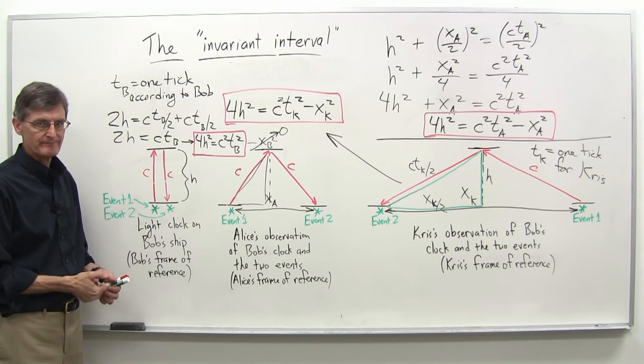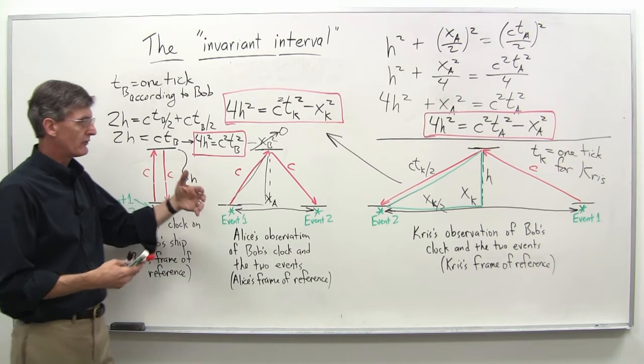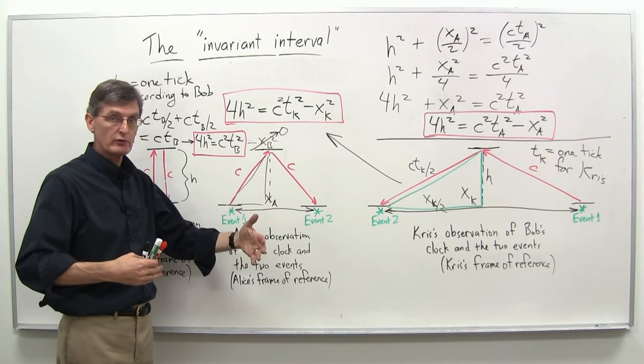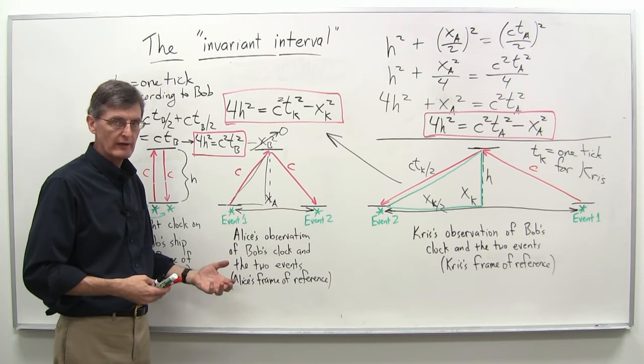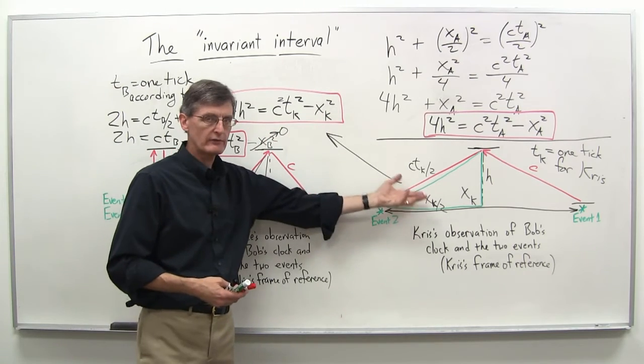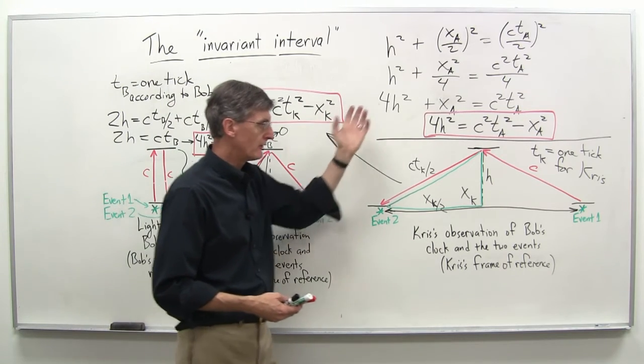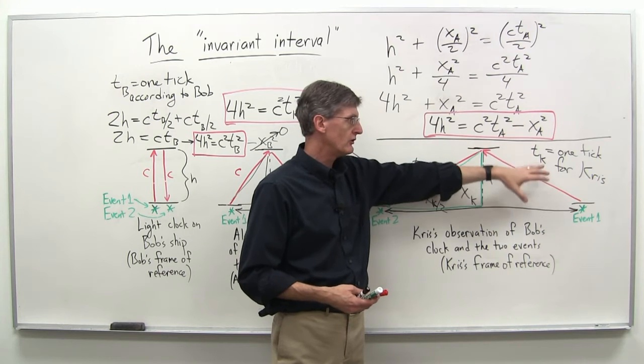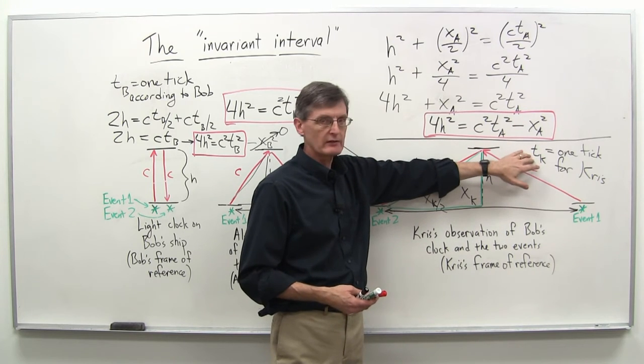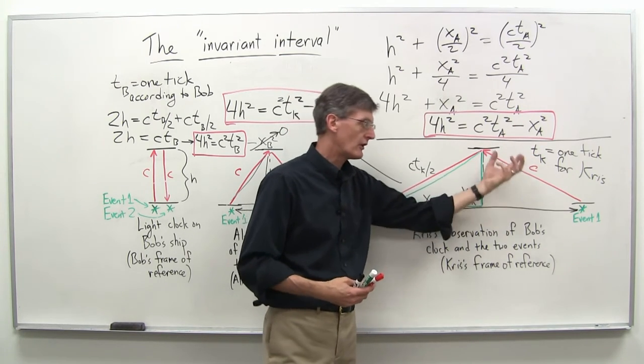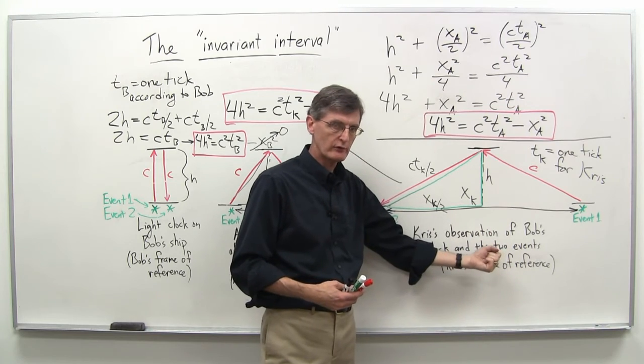So in general, what we have here is measure the distance between two events and the time between two events in any given frame of reference. This is Chris's frame of reference. She is measuring the tick of Bob's clock based on her own light clock she could have with her.